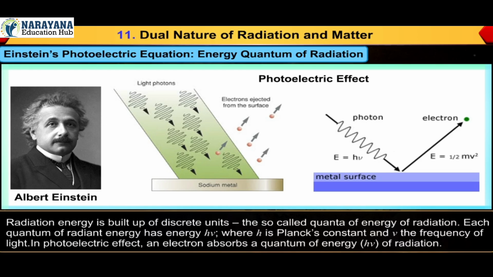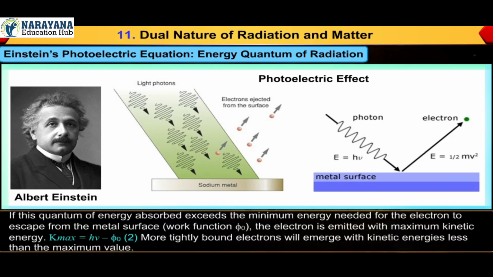Each quantum of radiant energy has energy h nu, where h is Planck's constant and nu the frequency of light. In the photoelectric effect, an electron absorbs a quantum of energy h nu of radiation.